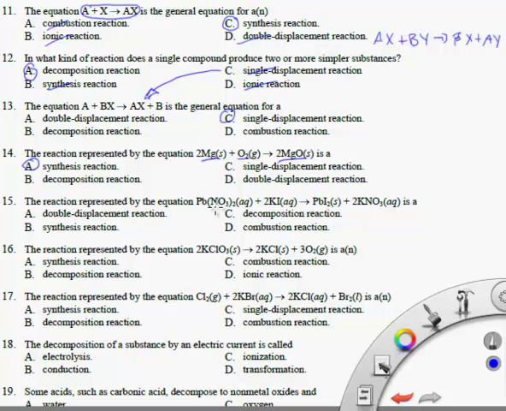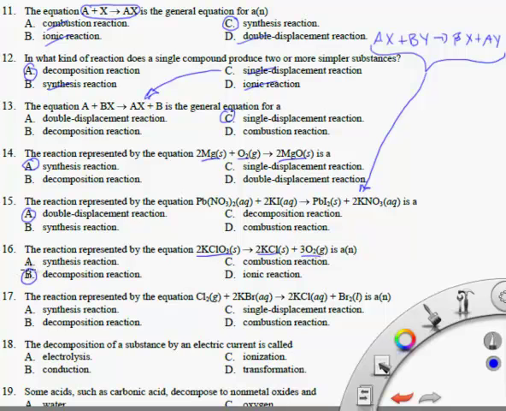The reaction represented by the equation Pb(NO3)2 plus KI yields PbI2 plus KNO3. We got two compounds forming two new compounds. This is just like that. So this would be a double displacement reaction. Reaction represented by KClO3 yielding KCl plus O2. You have a single complex substance breaking down into two or more simpler substances.